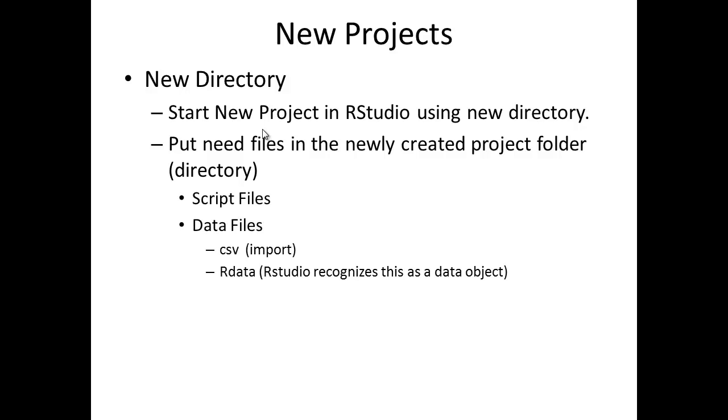Usually that's your script files and your data files, which may be a CSV file, which is the case for this activity, or it may be an R data file, which is a data object saved from within R that R recognizes, so you don't have to import, you can just open it. And then you're ready to rock and roll.